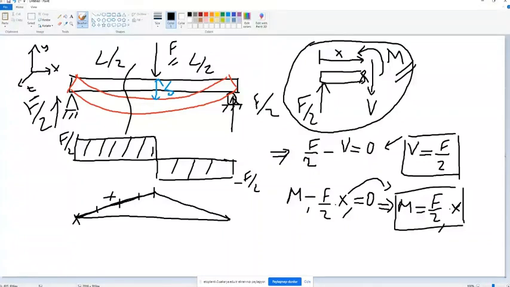If you put 2, if you put 3, and etc. So this is the basic breaking zone of the beam, and we have created the shear force equilibrium and bending moment equilibrium.